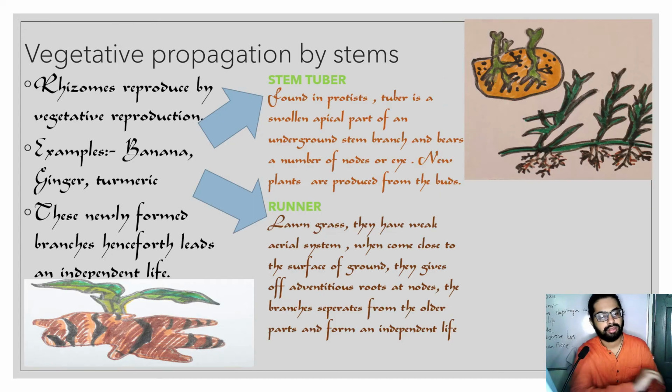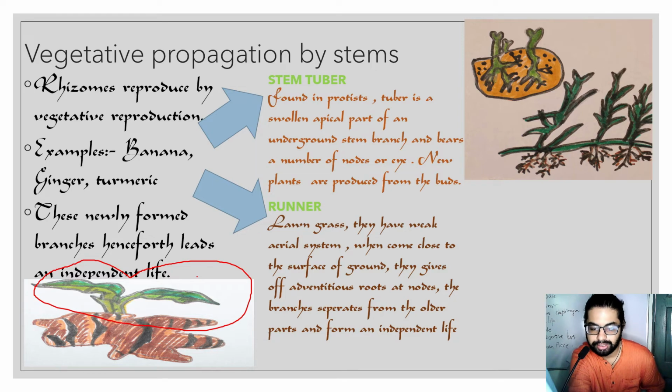Now, vegetative propagation by stems. Rhizomes produced by vegetative reproduction, for example banana, ginger and turmeric. So this is the rhizome of ginger, and you see from here a new plantlet is formed. You will find that when you keep ginger or onion in your house for quite a long time, new shoots are coming up from the rhizomes of this ginger.